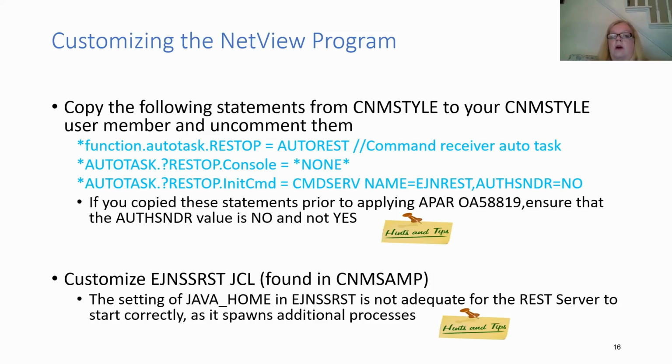You can change the auto task name here, but everything else, no changes are necessary. One comment here though, if you copied these statements prior to applying our level set APAR, which is the 58819 one here, prior to the level set, the auth sender value said yes instead of no. So you will need to make that change.